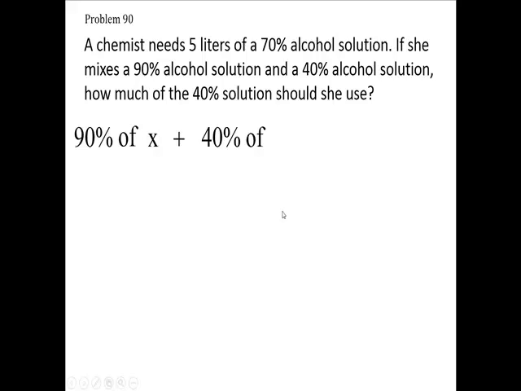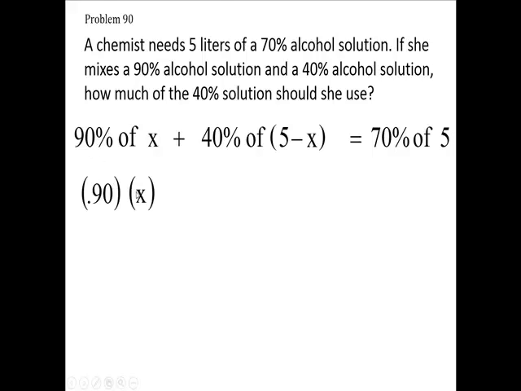Total of 5, you used X, so 5 minus X is what's left. And then you're going to end up with 70% of the total number of liters. So this is 0.90, and this is 0.40, and this is 0.70.